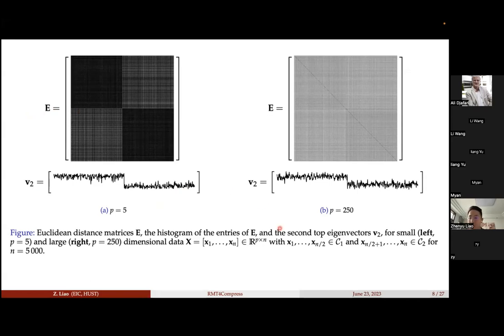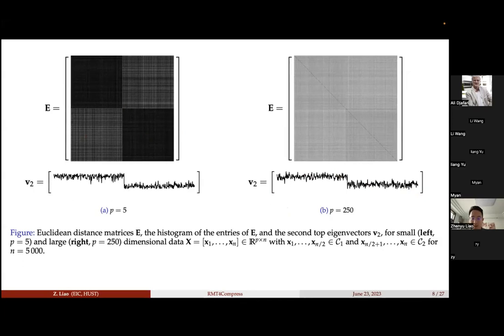And what is more important, they tell us that the first half of the data is drawn from some class, for example class C1, and the second half is from another class. We see a plateau in the eigenvector in both cases, in the small dimensional and in the large dimensional region. This is very surprising because we already see that the matrices themselves are very different from each other.